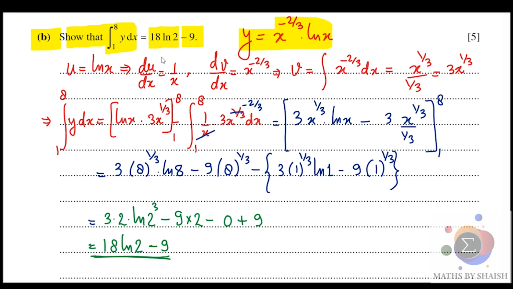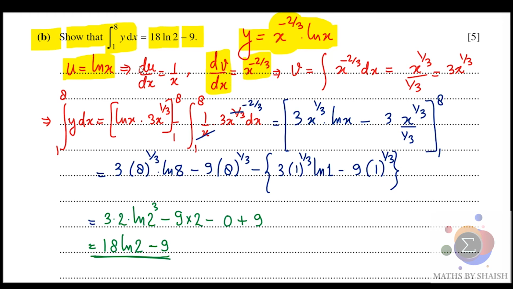We have two functions here, x to the power minus 2 over 3 and ln x, and we are going to use ILATE because we are going to use integration by parts. From ILATE we can see ln x comes first and algebra comes second. So for the first function we take u as ln x, and for the second function we take dv over dx as x to the power minus 2 over 3.